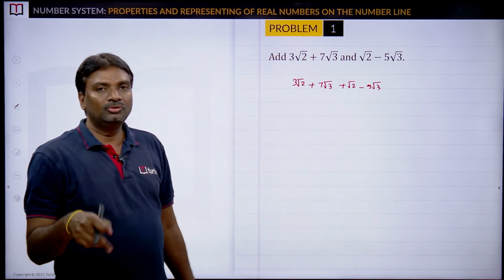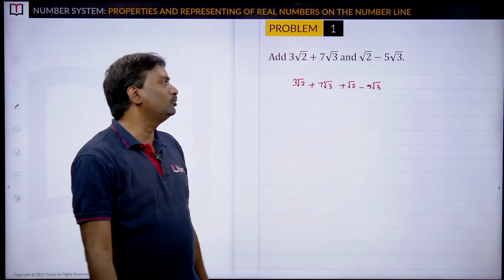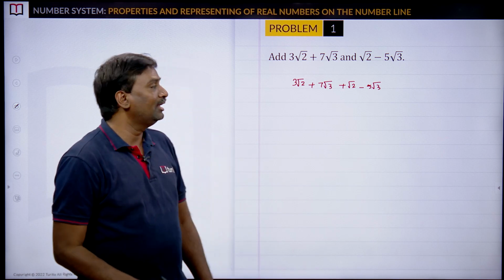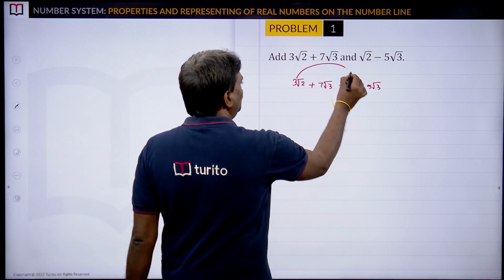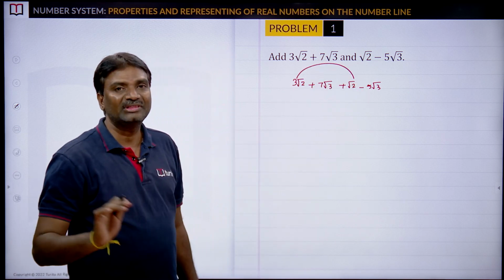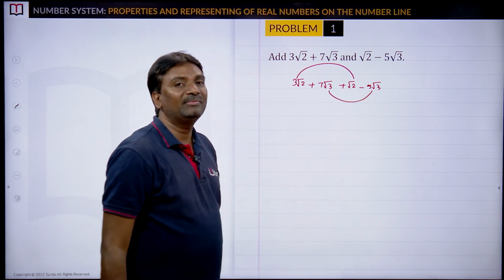By observing here, we have irrational numbers because root 2 and root 3 are irrational numbers. By writing similar numbers at one place, 3 root 2 and root 2 are similar numbers, and 7 root 3 and 5 root 3 are similar numbers.